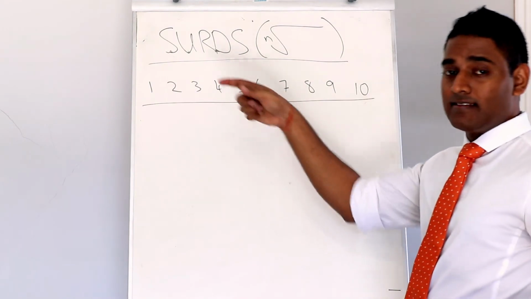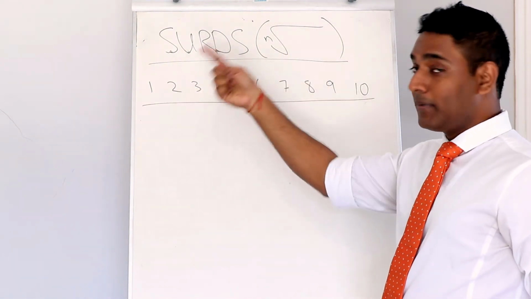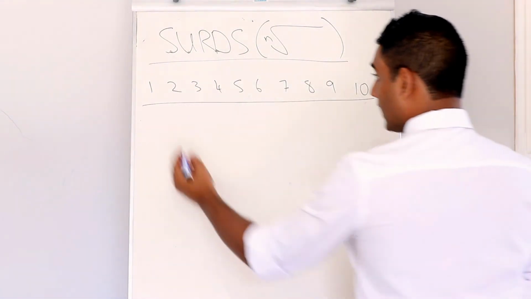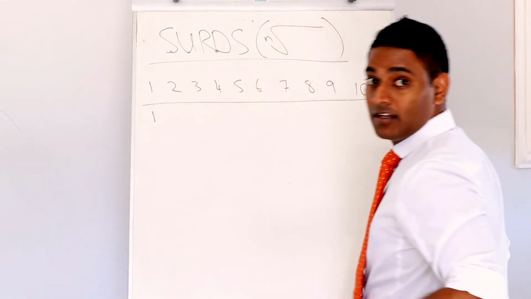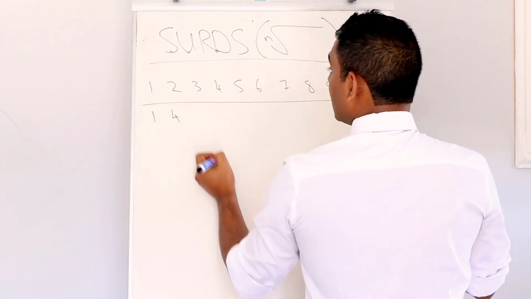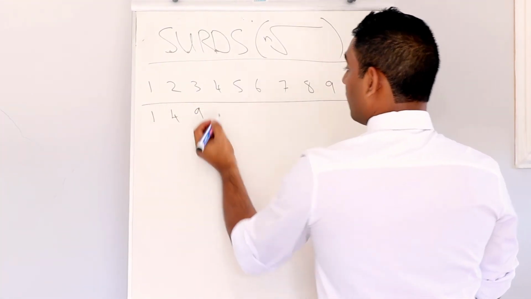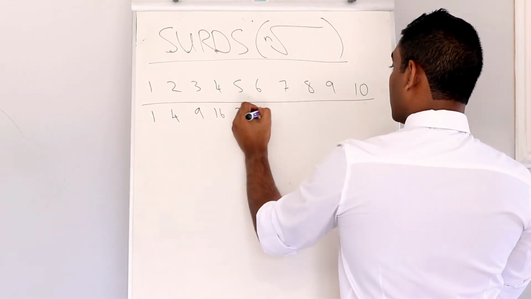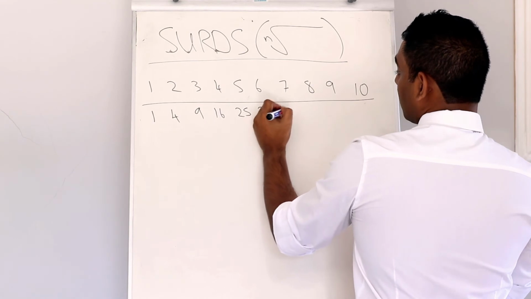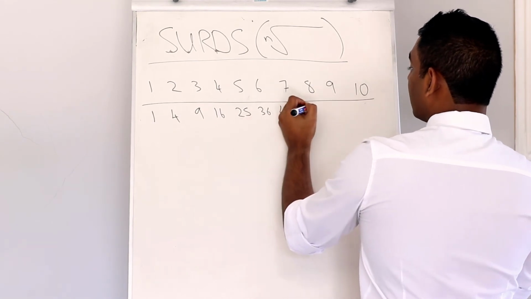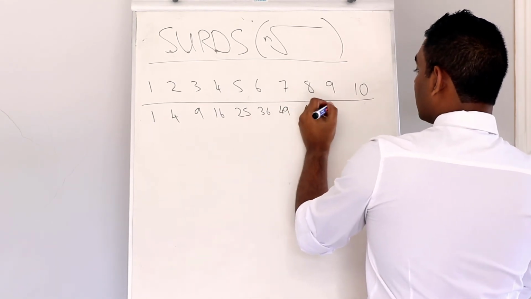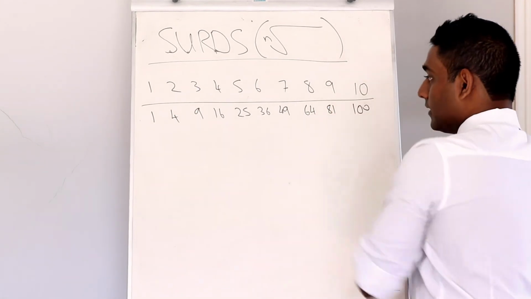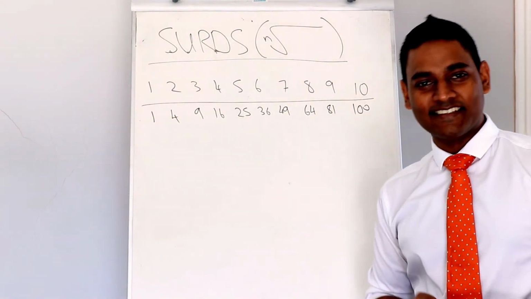If we square these numbers, as in the number times itself, 1 times 1 we get 1. 2 times 2, 4. 3 squared, 9. 4 squared, 16. 5 squared, 25. 6 squared, 36. 7 squared, 49. 8 squared, 64. 9 squared, 81. And 10 squared is 100.